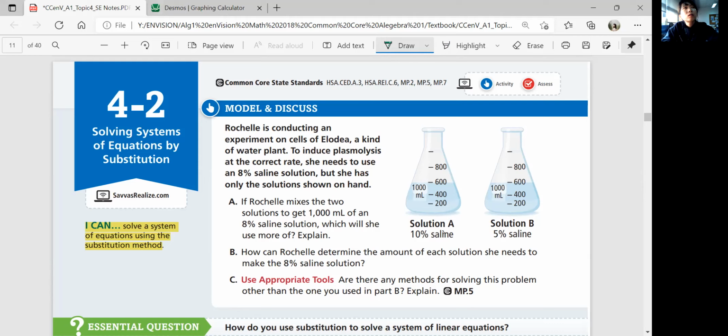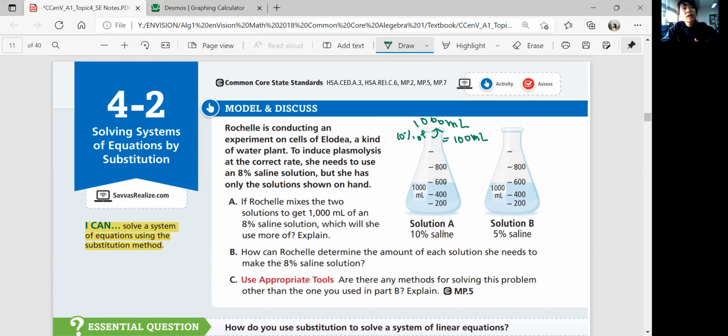If you have 1,000 milliliters that is 10% saline, how many milliliters is saline? 10% of 1,000 is 100 milliliters. So 100 milliliters saline for that.